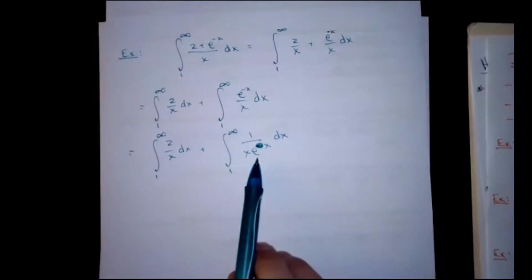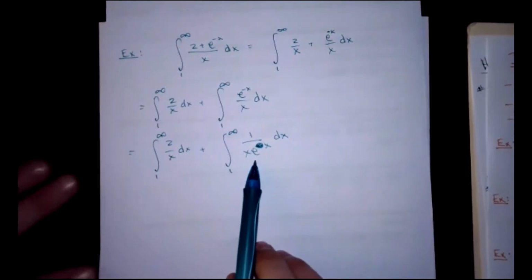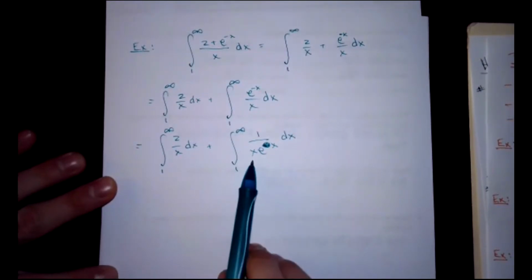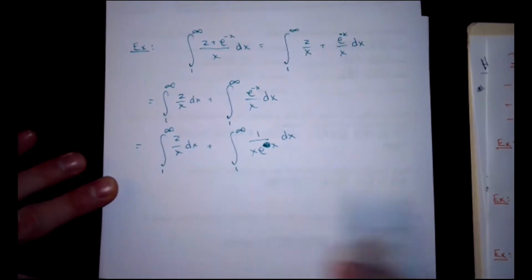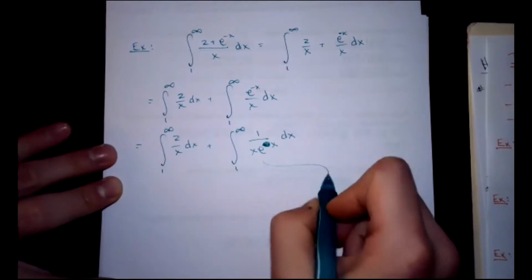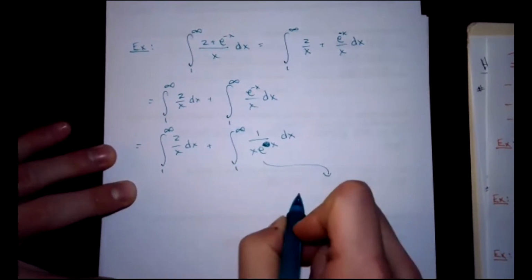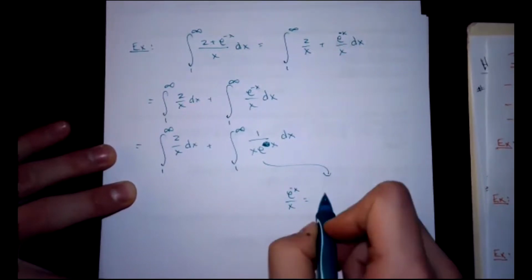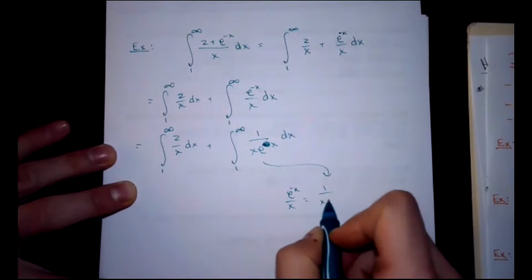And, well, how do we want to compare these two? What's going on with this guy? Convergent or divergent? This one will converge. So if you want to look at this guy, we had different formulations for it. We kind of wrote it as e to the minus x over x, same thing as 1 over x e to the x.